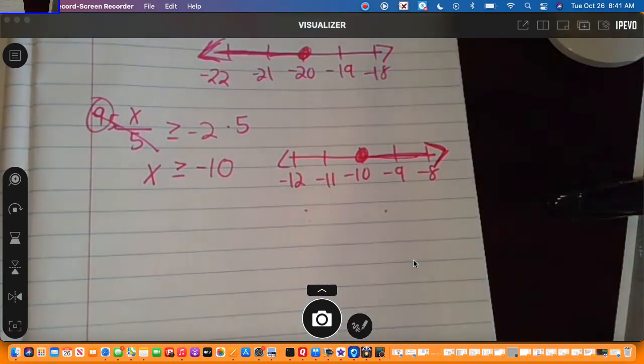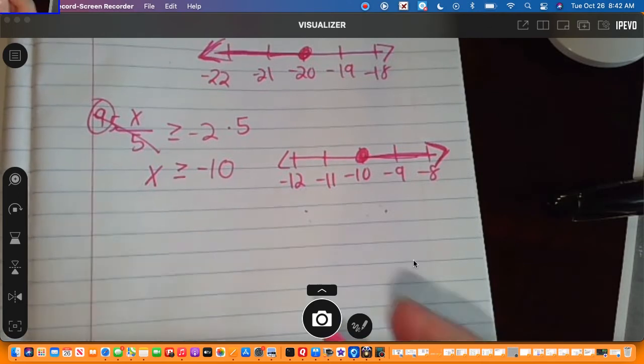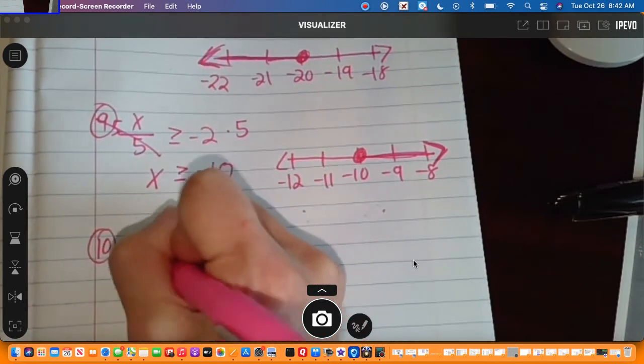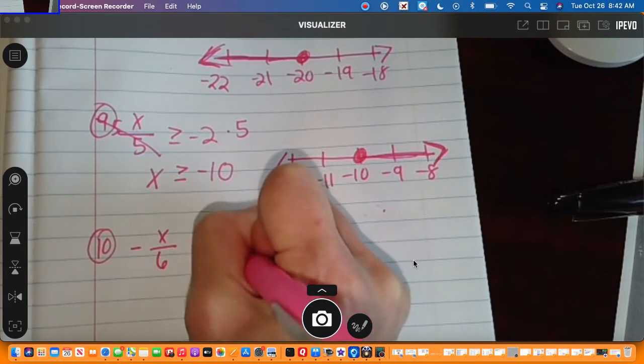Bear with me. Do I need to do number 10? Yeah, I will, because it's on your test too. So far, really the only one I've taken off the test is number 7. So this entire page except 7 is on the test. All right, so number 10 is -x divided by 6 less than or equal to -1.